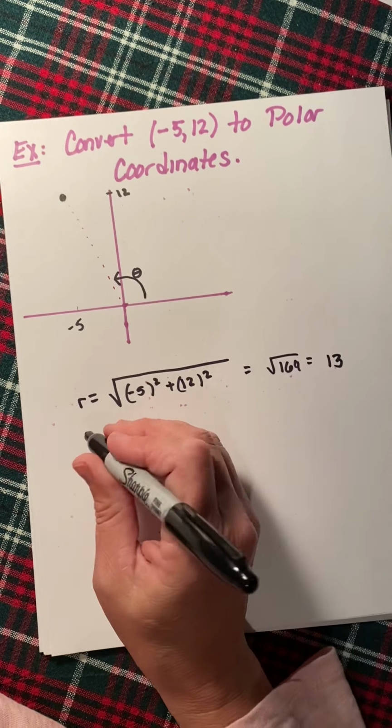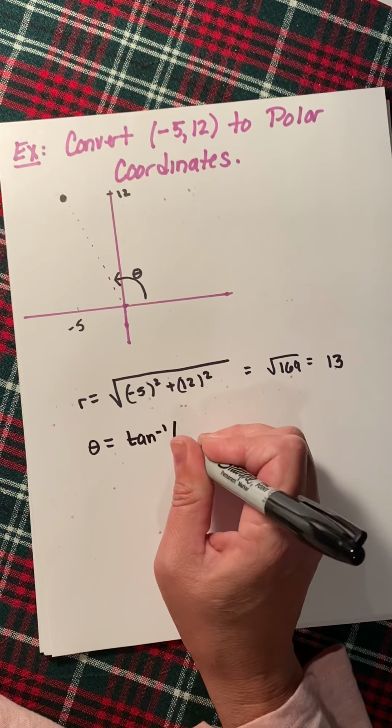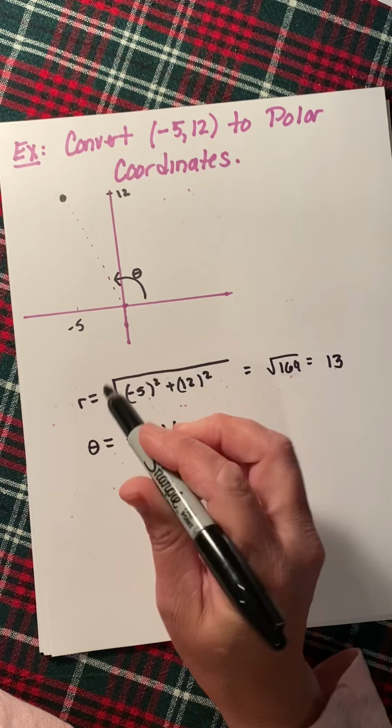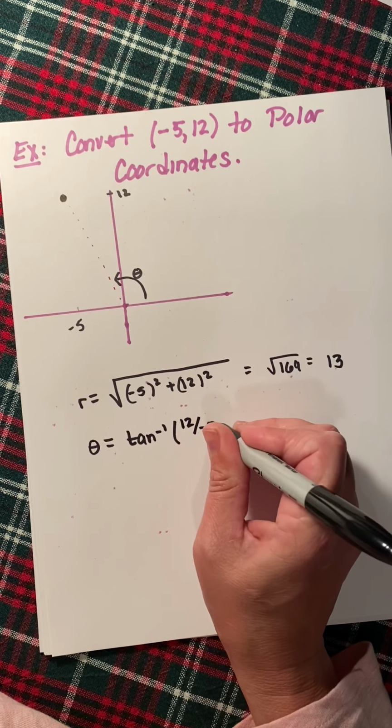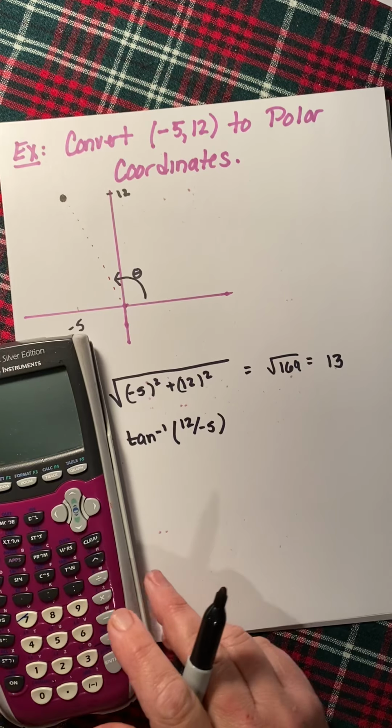Let's see. So I'm going to use theta is equal to the inverse tangent of y over x, right? So 12 over negative 5. But 12 over negative 5 is not a nice number. There's really no super awesome number that has tangent negative 12 over 5.